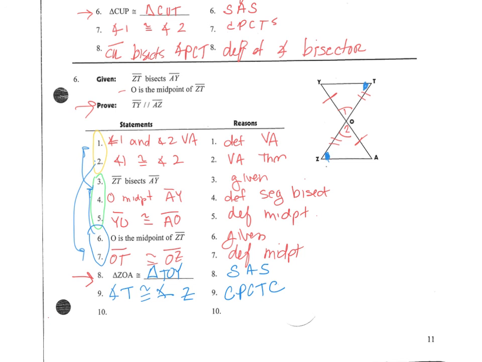But what that would really tell us is that segment TY has to be parallel to segment AZ, because look at where those are located.